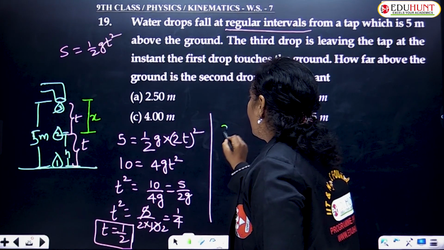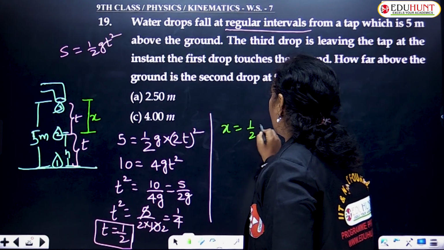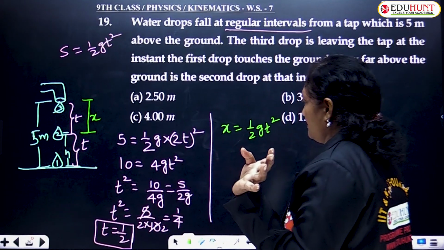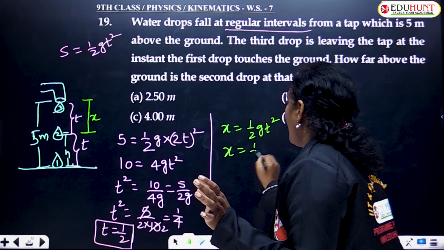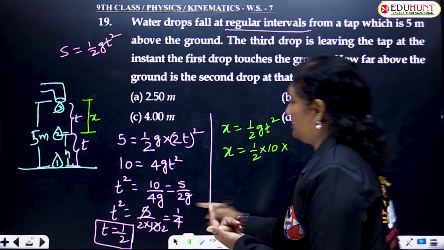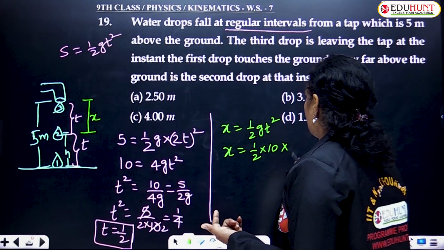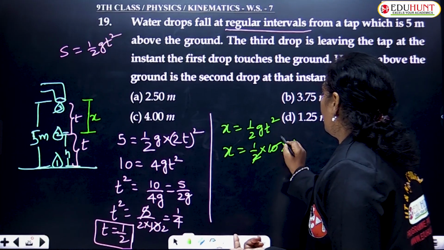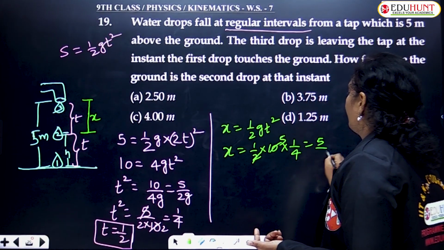We have x = half g, this time interval is t square. So x = half, g is now 10, into t square. T was just now found as 1 by 2, so t square means 1 by 4. Hence, your answer will be 5 by 4.